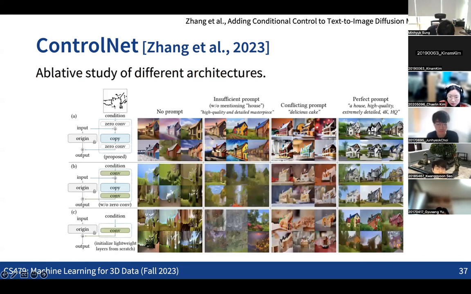So you can see an ablation study here. A is the ControlNet case. If you do not use the zero convolution layer here, then you can see that the output becomes unrealistic. And also, if you do not copy the parameters and just directly feed the conditional information without processing the conditional images, you still cannot get realistic images.